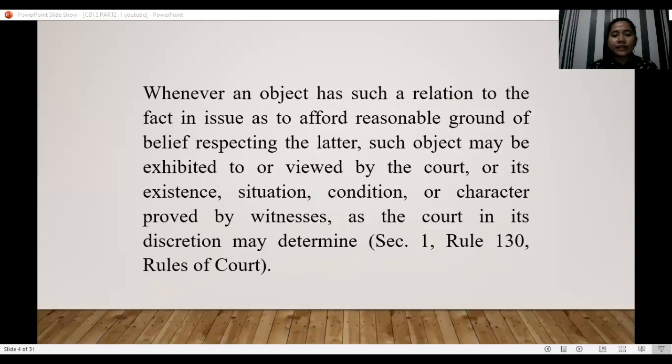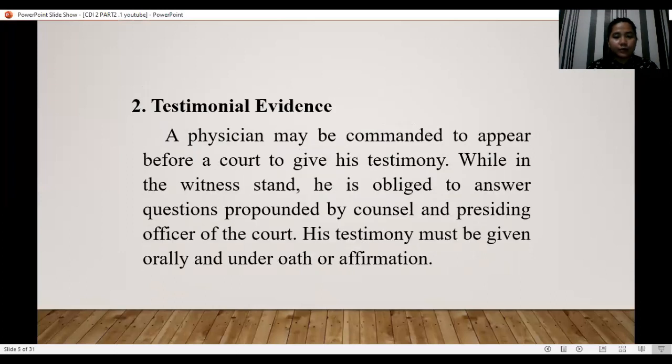Next we have the other type of medical evidence, which is the testimonial evidence. For testimonial evidence, a physician may be commanded to appear before a court to give his testimony while on the witness stand, and he is obliged to answer questions by counsel and the presiding officer of the court.